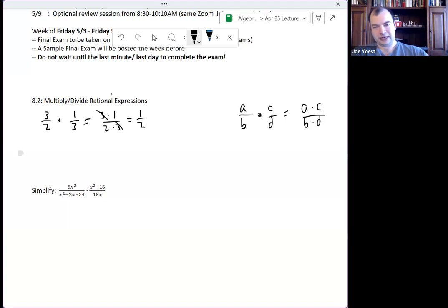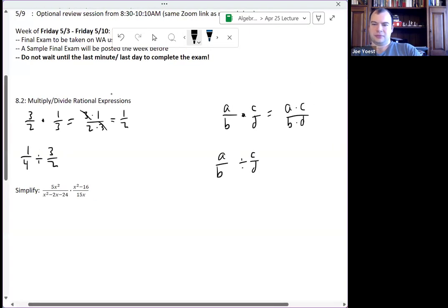What about dividing fractions? What about, say, 1/4 divided by 3/2? What if I have a fraction divided by a fraction?